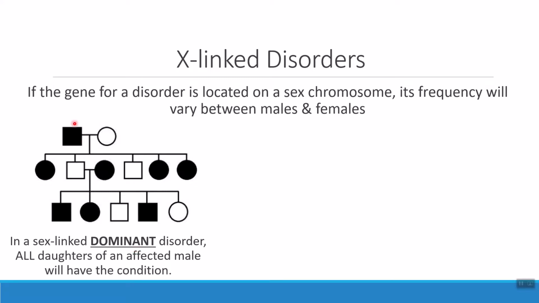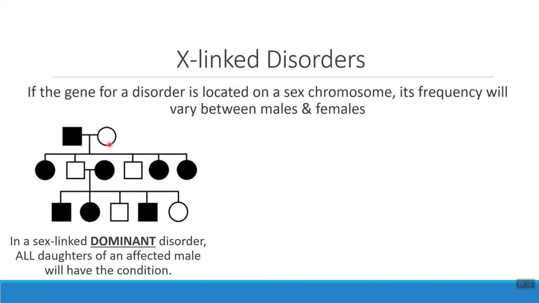When I look at this father, he is expressing the disorder. His phenotype says he has a copy of this allele, but it's on the X chromosome, so dad only gives that X chromosome to each of his daughters. Each of his daughters express that phenotype. Each of his sons get their X chromosome from mom.